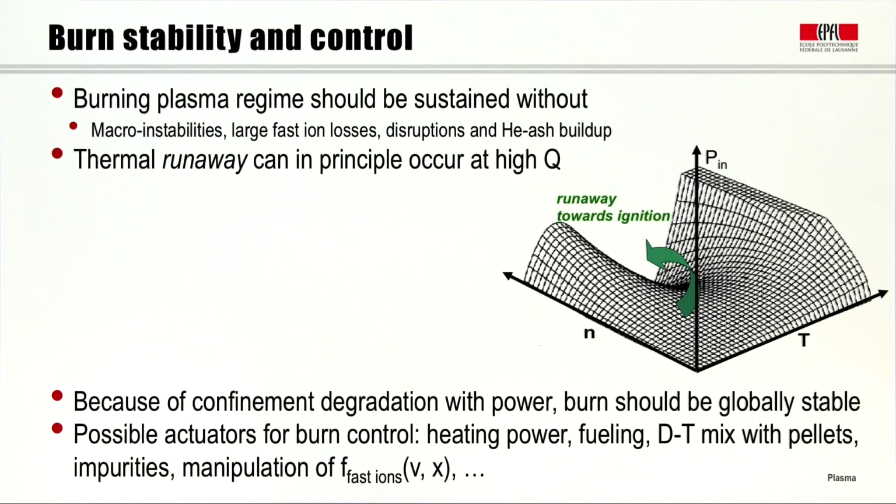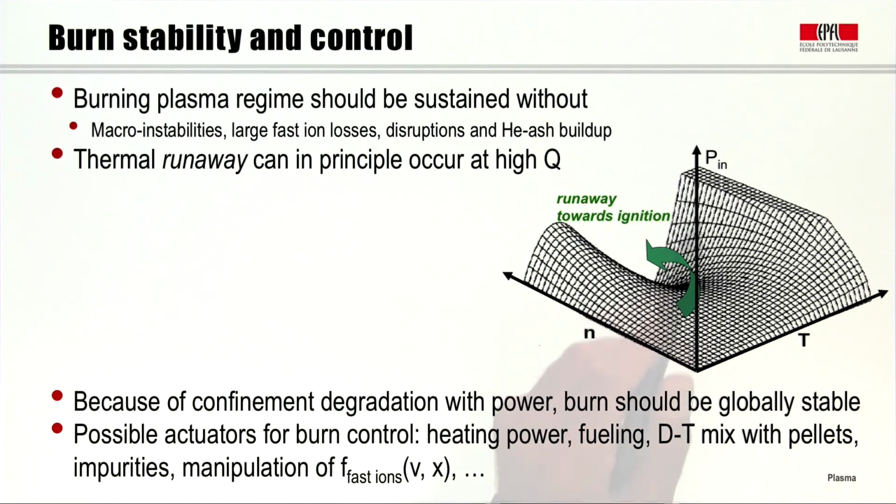Finally, I'd like to say a few words about the stability of the burn and its possible control. What we want to achieve is a burning plasma regime that's sustained without any major macro-instabilities, any significant fast ion losses, any disruptions, any build-up of the helium ashes. In principle, a thermal runaway can occur at high fusion gain.